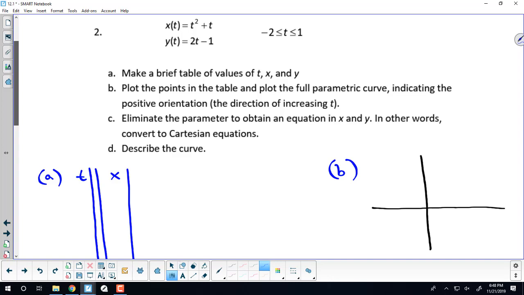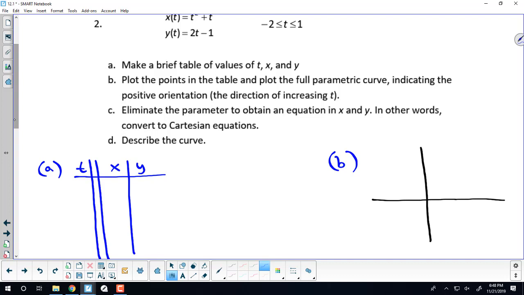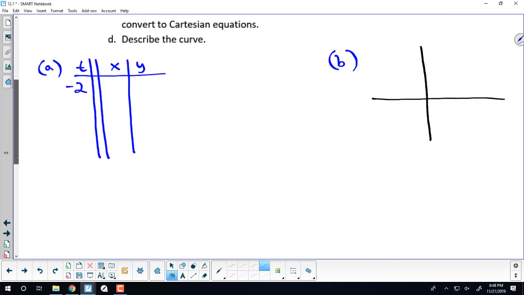I always do this. I don't know that it's a standard kind of thing, but just to kind of compartmentalize those inputs, outputs. All right, so ranging from -2 to +1.